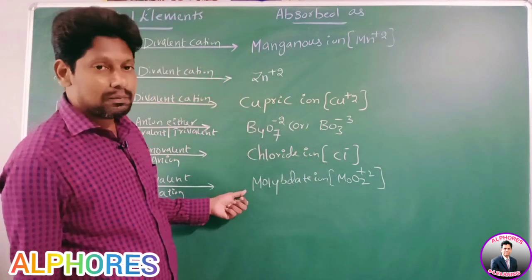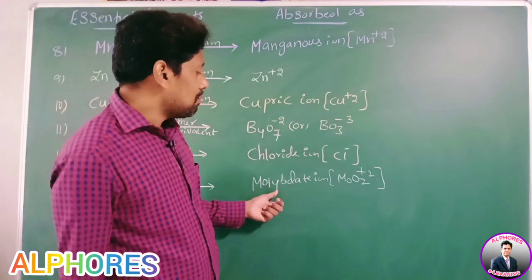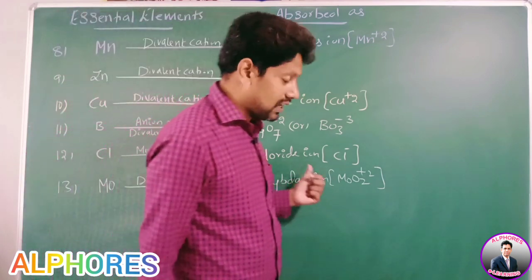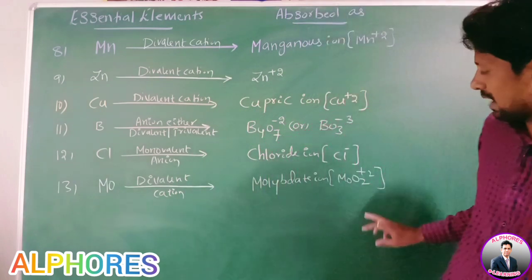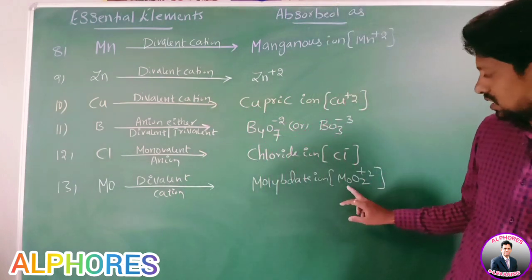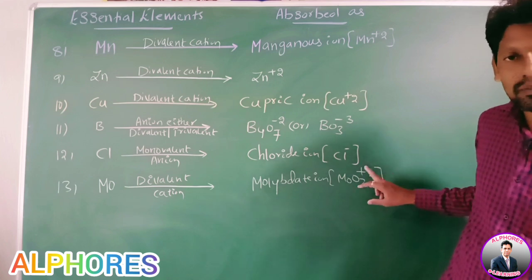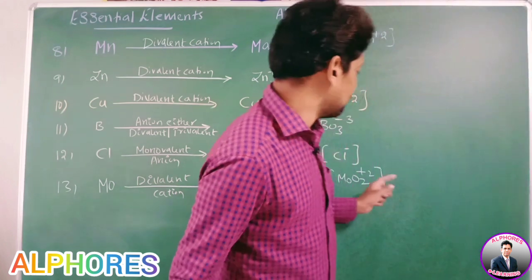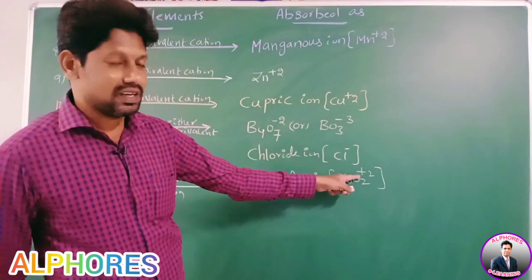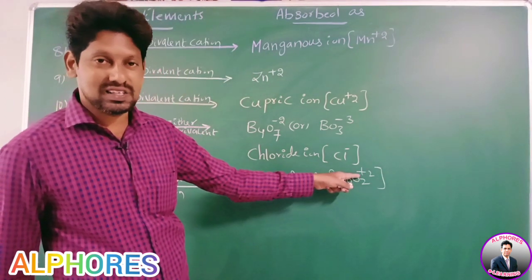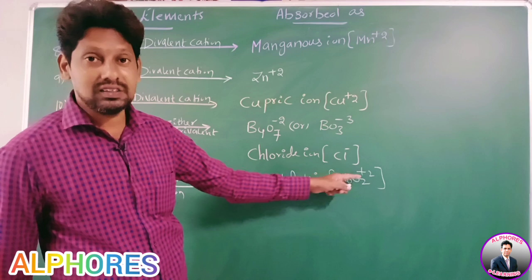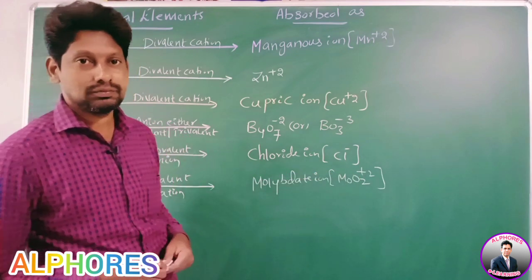The plant absorbs molybdenum as molybdate ion, that is MoO2 plus 2. It is a divalent cation, right?